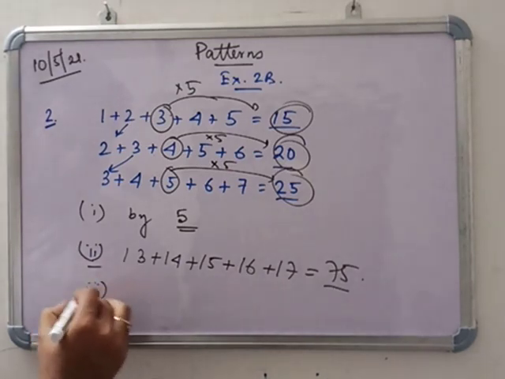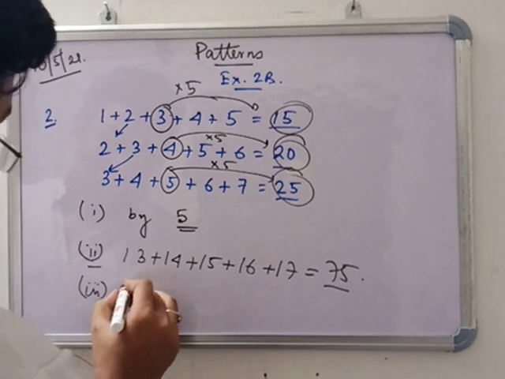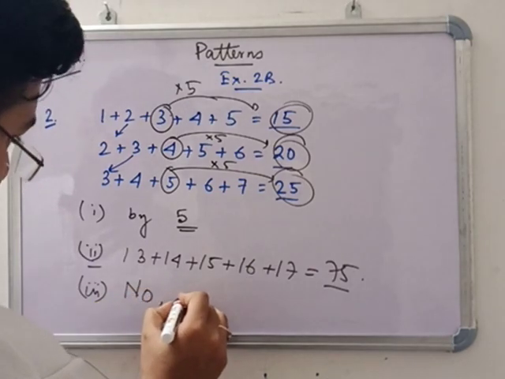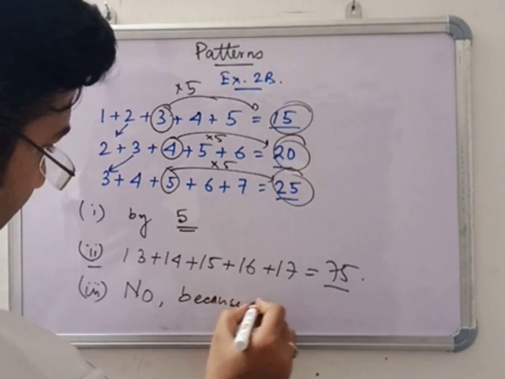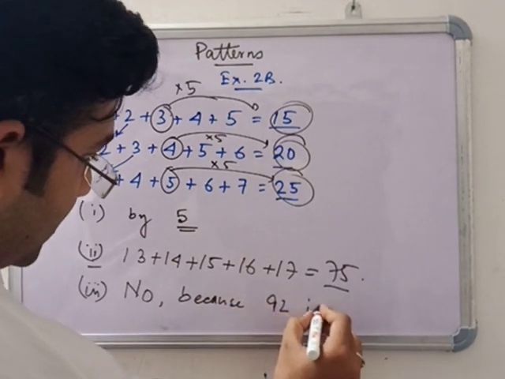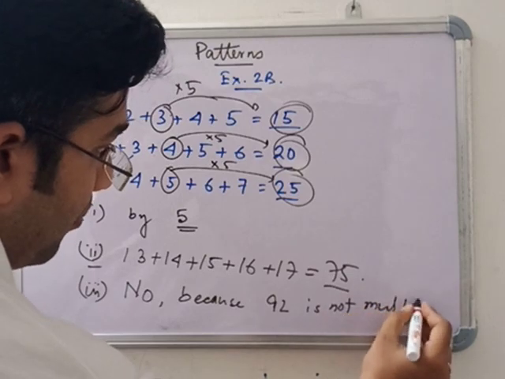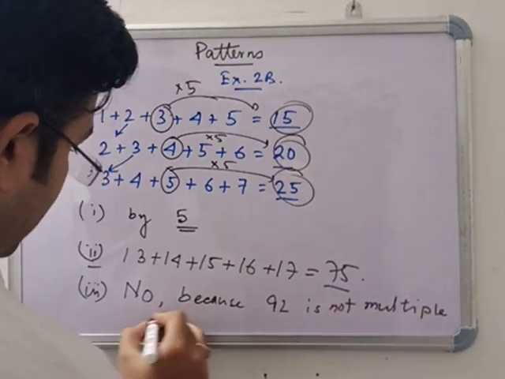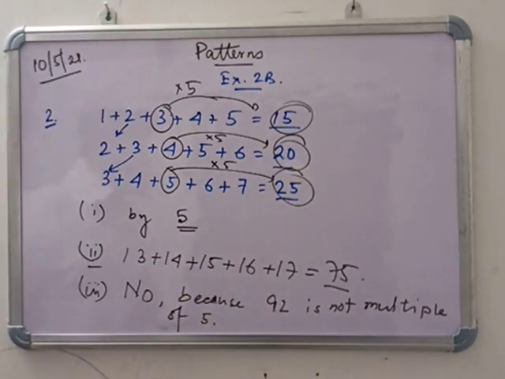Now in number 3, can there be any row of the pattern which gives the sum of 92? No, because 92 is not a multiple of 5.